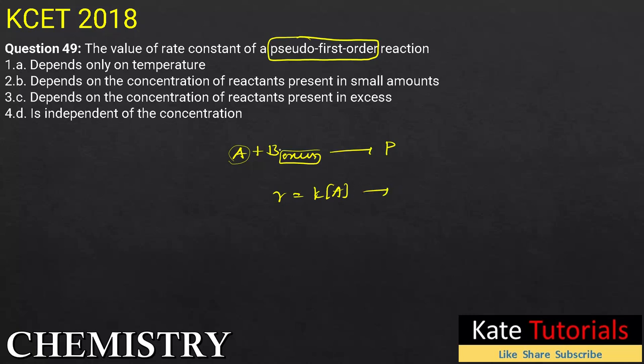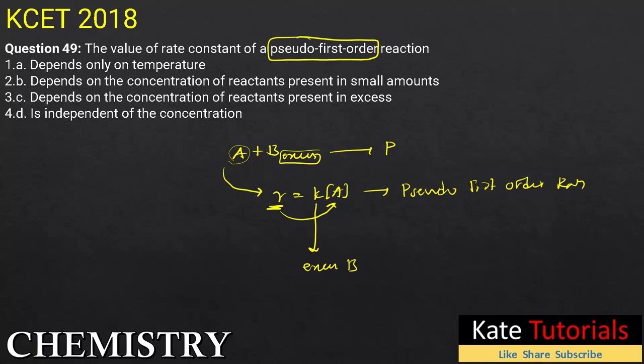It means the higher order reaction, where A and B both are there, becomes a first order reaction when one of the reagents is in excess. So the rate depends upon the lower concentration of the reactant, but the rate constant depends upon the excess B also.